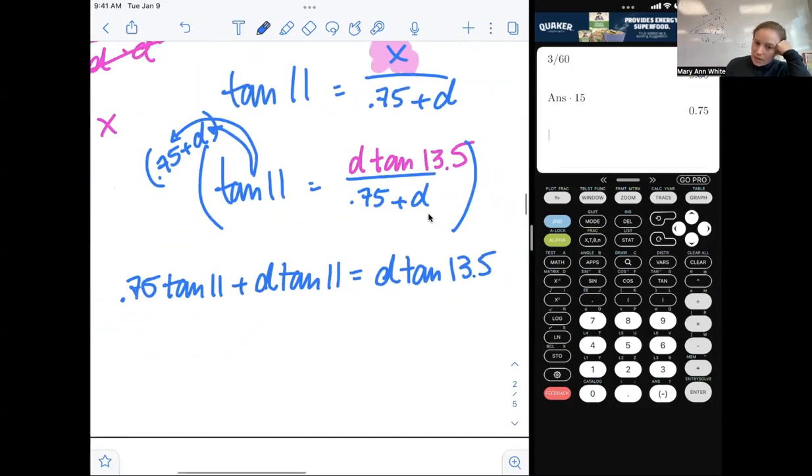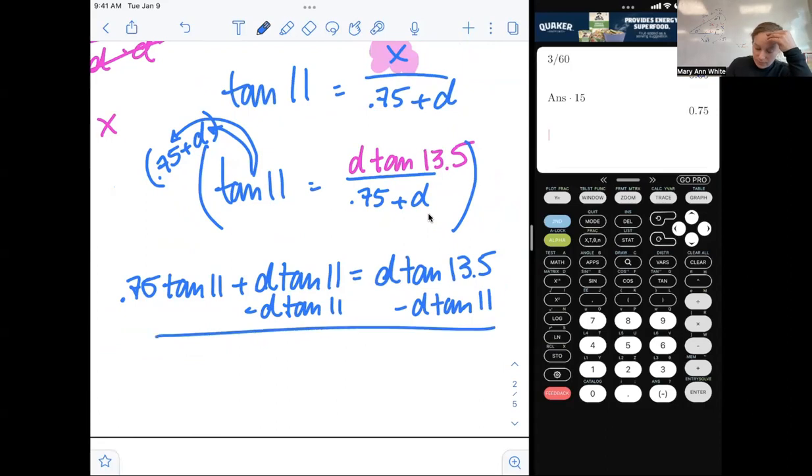Now I'm going to move the D tan 11 to the other side, so I'm going to subtract it from both sides. We talked about this several times in class, but that does not make it D tan 1.5. You just have two separate pieces. So 0.75 tan 11 equals D tan 13.5 minus D tan 11.